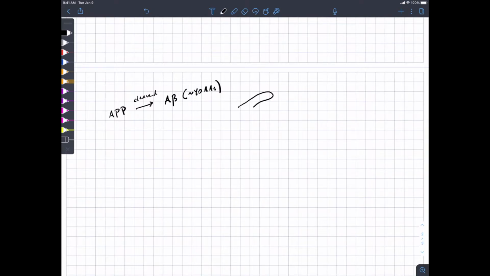It's sort of a beta turn, and it's nonpolar enough that several of the beta turns stack on each other and form aggregates. These aggregates have been observed in the brains of Alzheimer's patients, and it's still not totally clear whether this is the cause or a symptom of the disease.